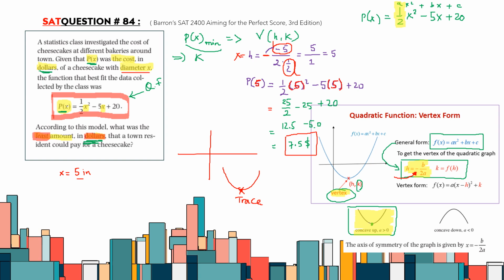So let's say a 5-inch cheesecake will have the minimum cost of $7.5. But actually, we just need to find the y value of the vertex for this quadratic function, and then we're done with our calculations.